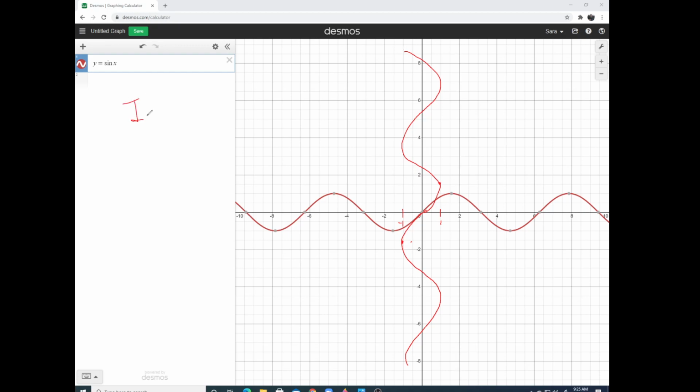So, if we graphed the entire inverse, it would look like this. But the inverse functions are ones that we cut. Inverse functions, what is the problem with what I just drew on the screen?